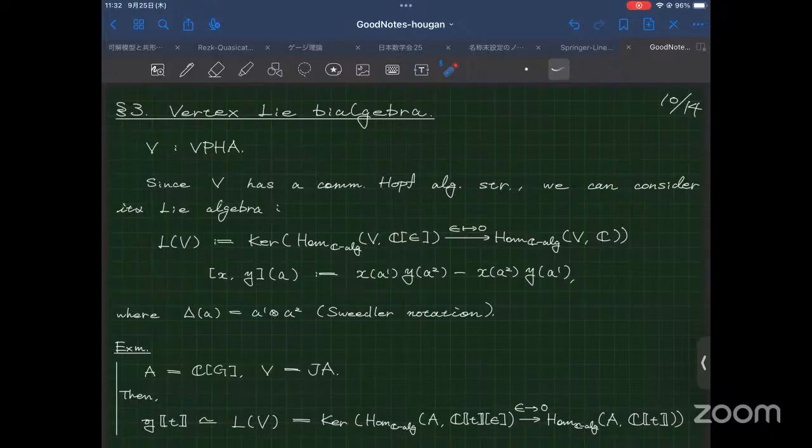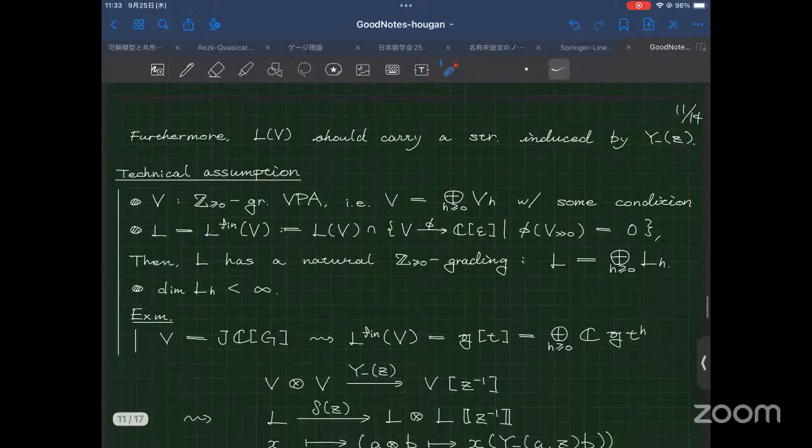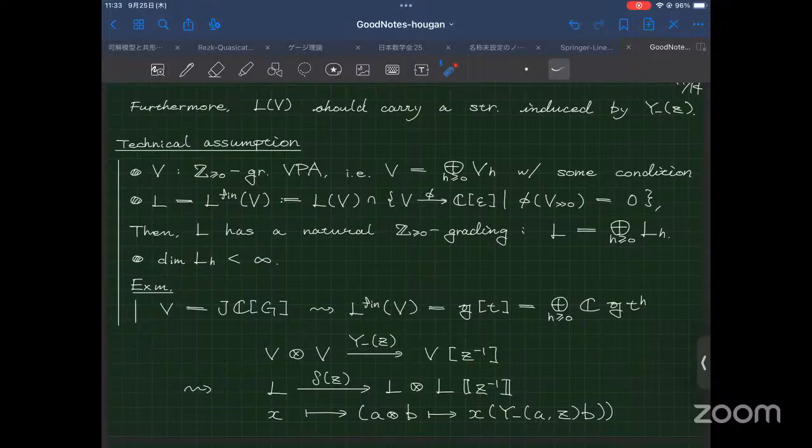For example, if V is the jet algebra of the coordinate ring of a Lie group, then its Lie algebra is the formal power series with coefficients in g. Furthermore, the Lie algebra of a vertex Poisson Hopf algebra should carry a structure induced by the state-field correspondence, y minus z.